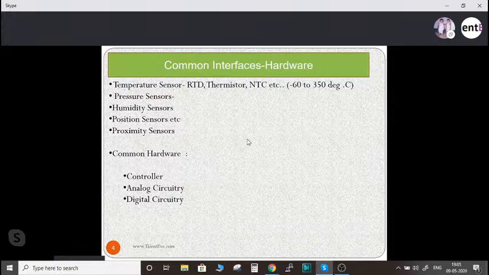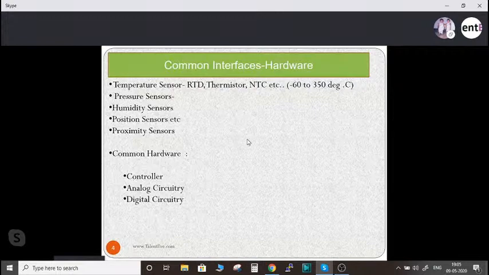Similarly, pressure sensors, humidity sensors, and position sensors you use across all these domains. You have a controller, analog circuitry, and digital circuitry, where you will be doing interfacing based on your domain requirement.